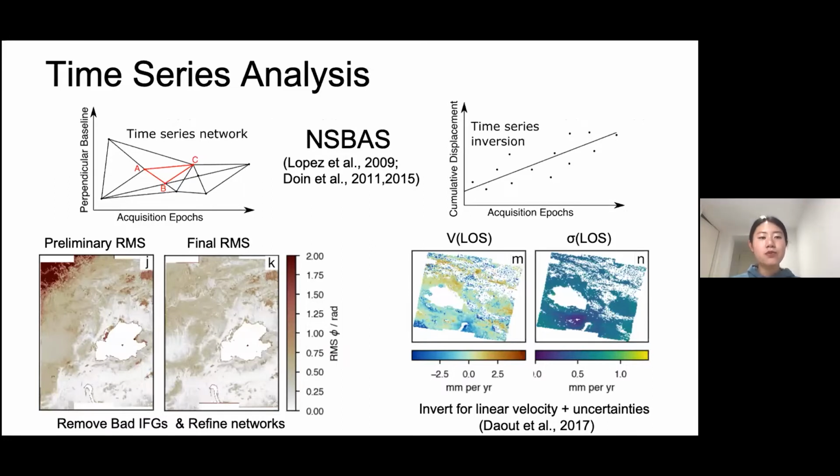So we remove interferograms with unwrapping mistakes, refine the network such that we are sure the network is of good quality, and we invert a time series from the network of interferograms and fit a straight-line velocity through the time series to get an average velocity across the 5 years with the associated uncertainties.